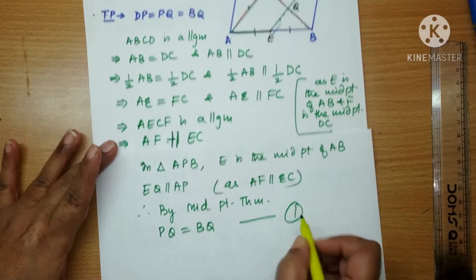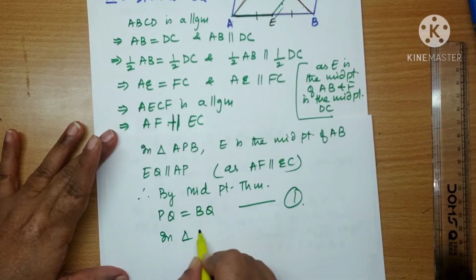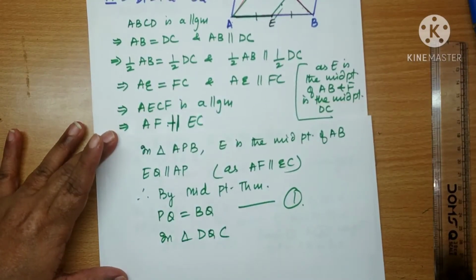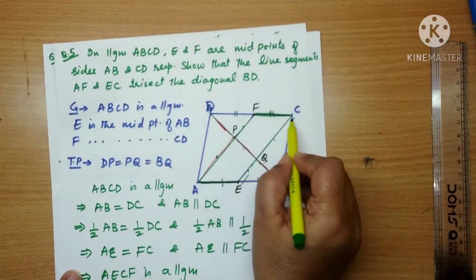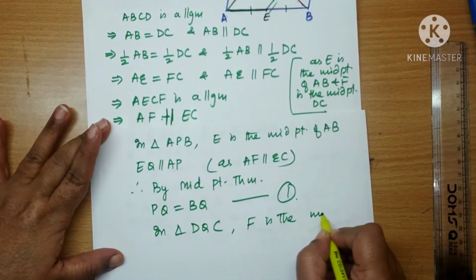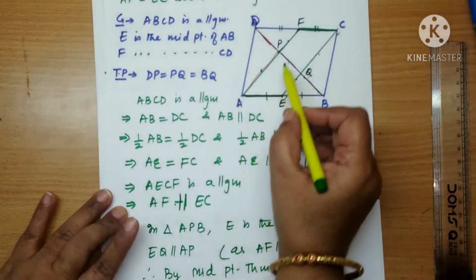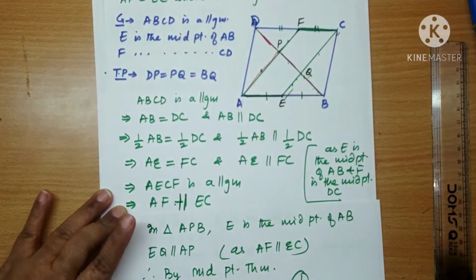This is 1. Now in triangle DQC, F is the midpoint of DC, and then I have PF parallel to QC.